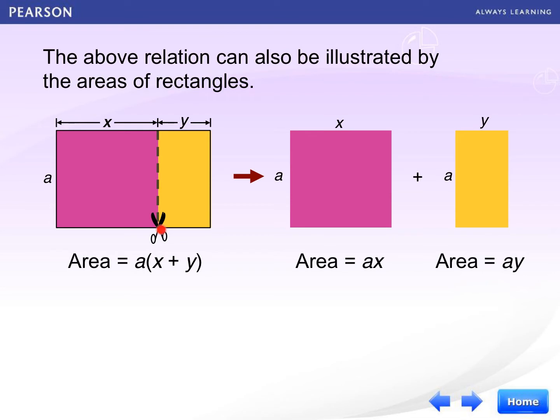And we can cut this whole rectangle into two parts. The area of this purple part is a times x, ax, and the area of the yellow rectangle is a times y, ay. The total area is the same, so we have a times bracket x plus y equals ax plus ay.